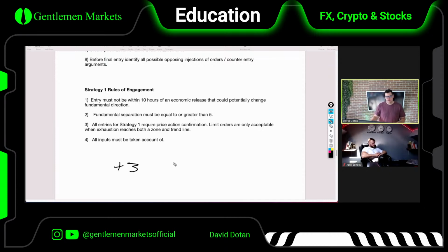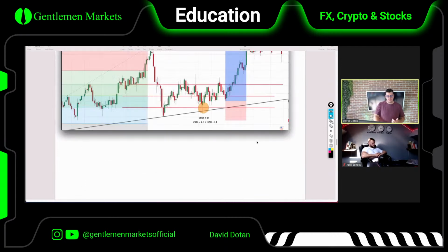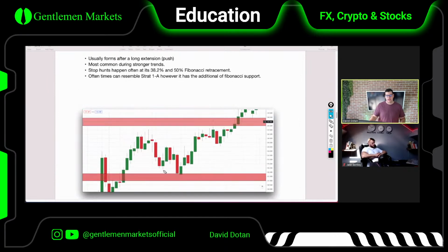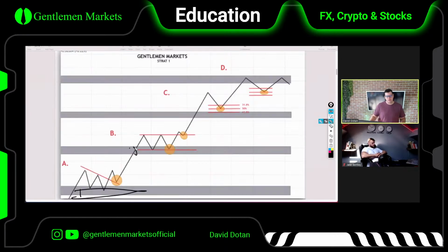So +3 and a -2. Good. That is equal to 5. Okay, that's what I mean. We have to have a fundamental separation of 5. And the reason for this is because when we're looking for entry, let's make sense of this. What's the most important thing for all our strategies is that we have fundamental support.